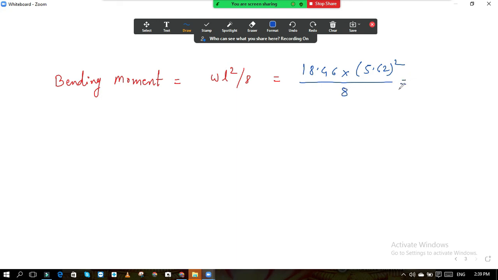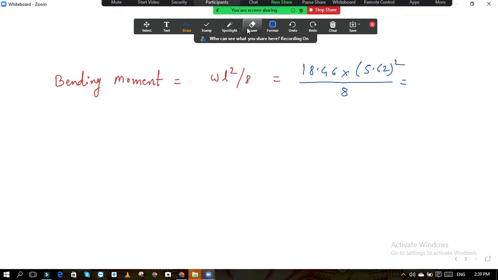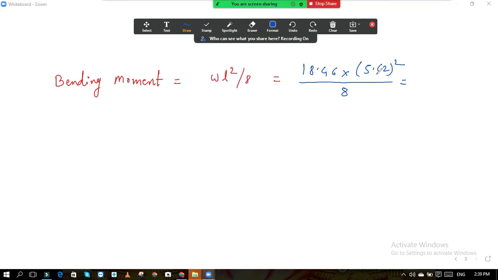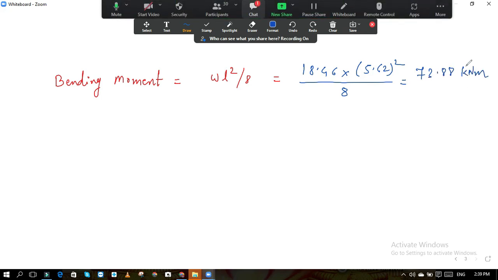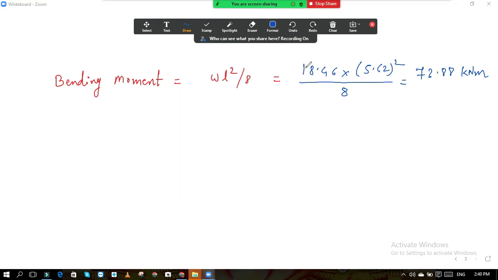Now solve this and let me know the answer. 72.88 kilonewton meter. This is the bending moment. Please check the values once again. Okay, 72.88 kilonewton meter is the answer.